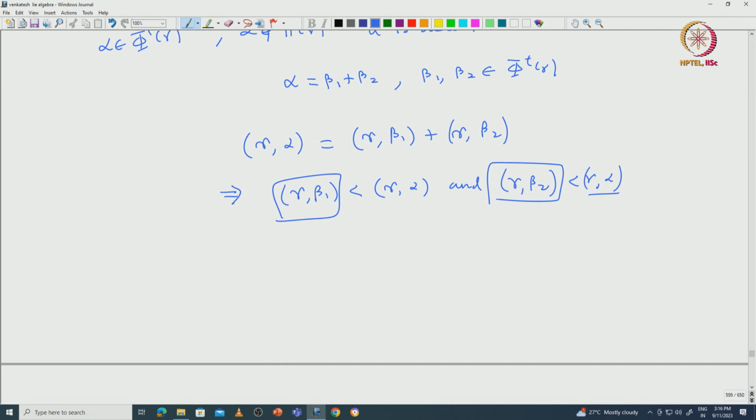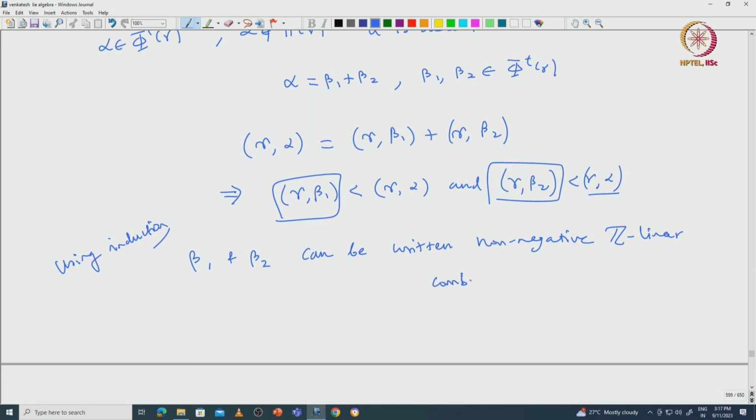So using induction, both beta 1 and beta 2 can be written as non-negative integral linear combinations of elements of pi of gamma, and that implies immediately that alpha can be written so as well.